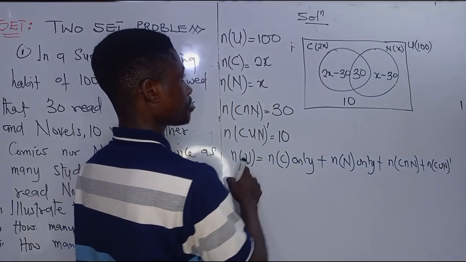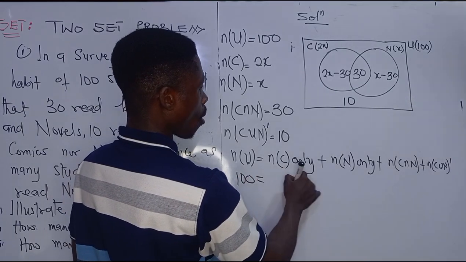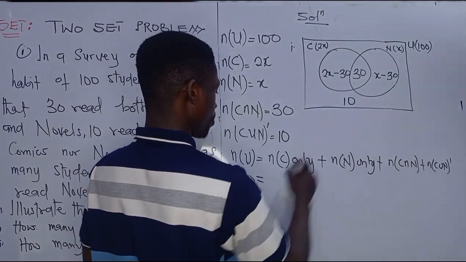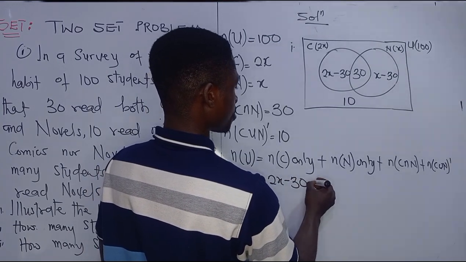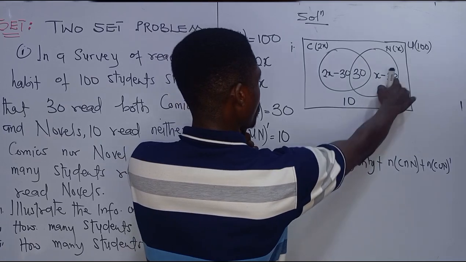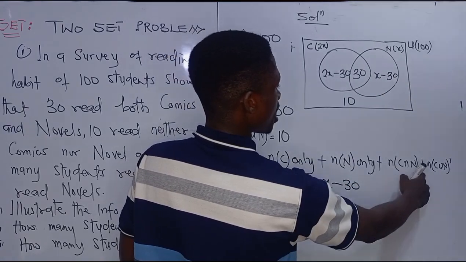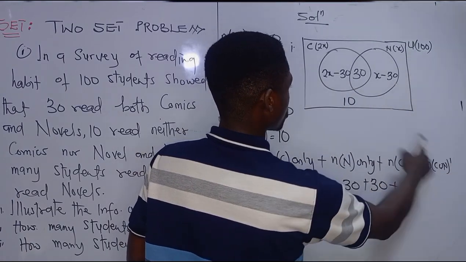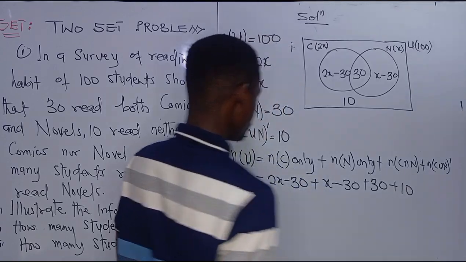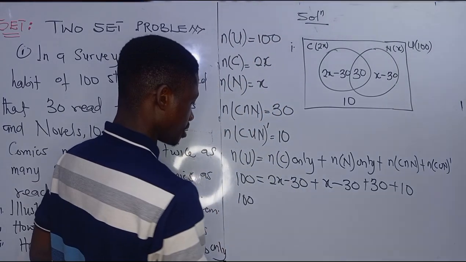We know the number of students in the survey is 100. Comics only is this region, so we have 2x minus 30. Then plus novels only, x minus 30. Then the intersection, plus 30, plus 10. What is left is a matter of addition and subtraction.